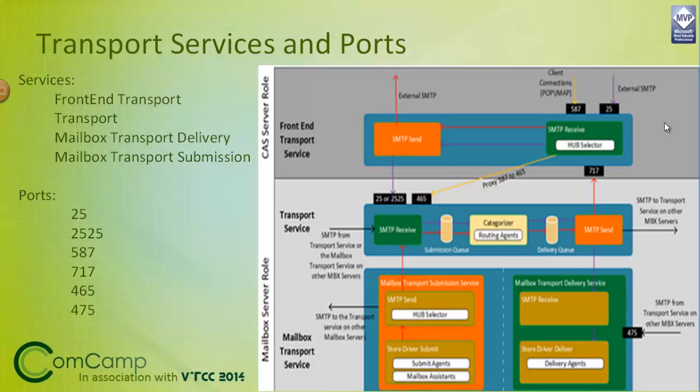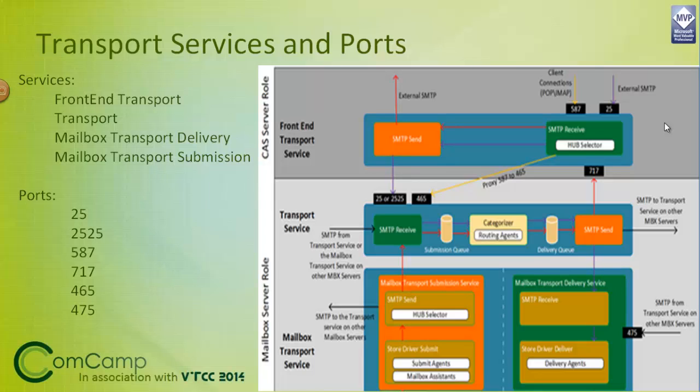All right, port 587. This port is used for the client connection POP IMAP, which receives the email on the client access server front-end transport service. All right, port 717 is used for outbound proxy connections from transport service to front-end transport service.